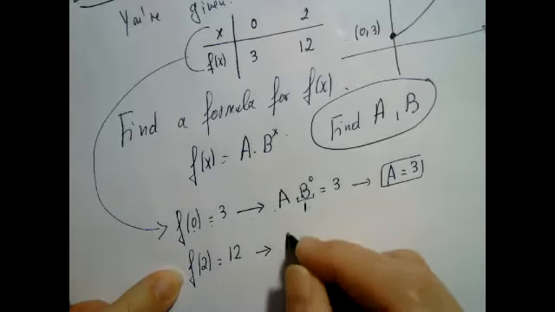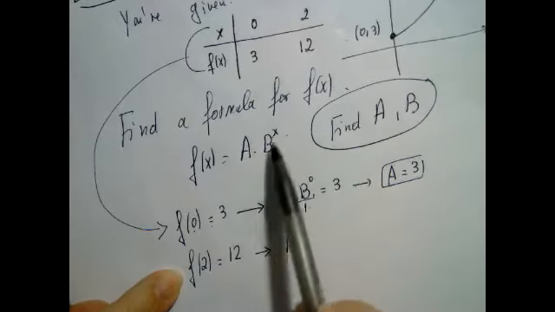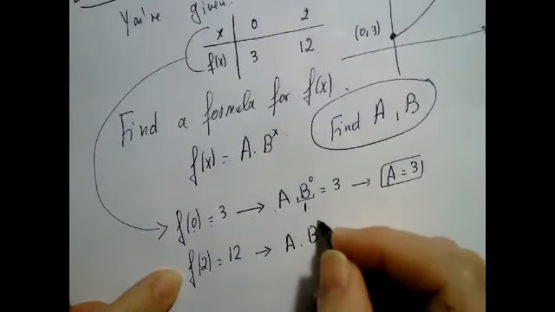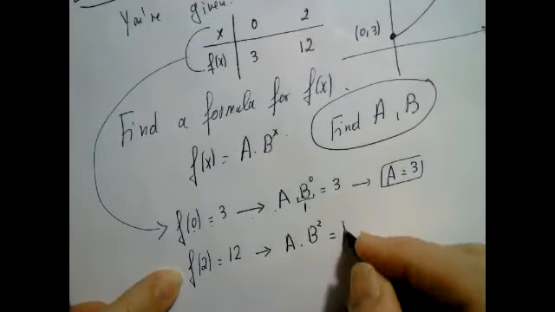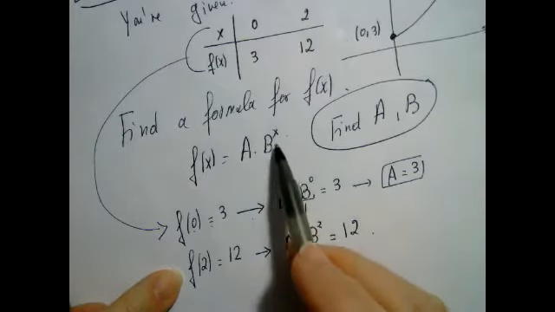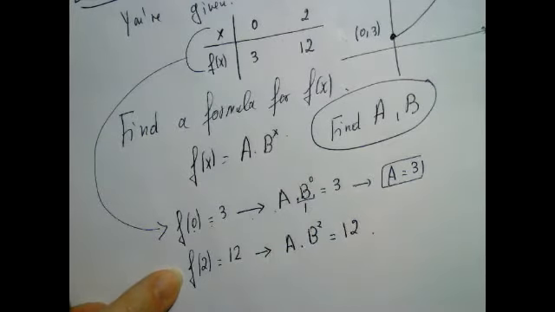So f of 2 equals 12. It means if I plug in 2 for x, I should get 12. Can I solve for b using what's given?